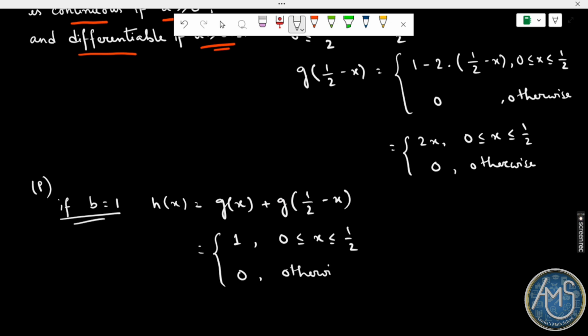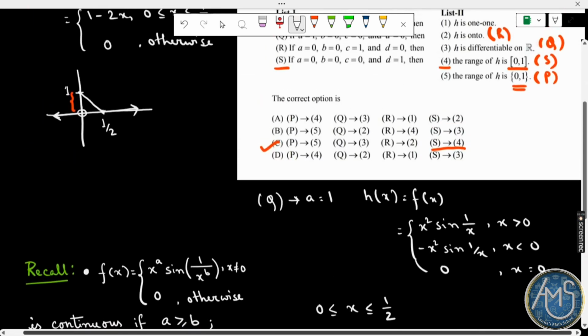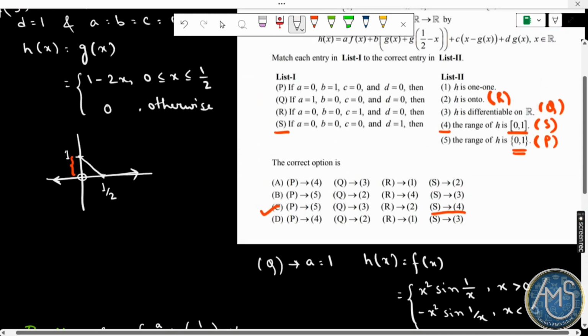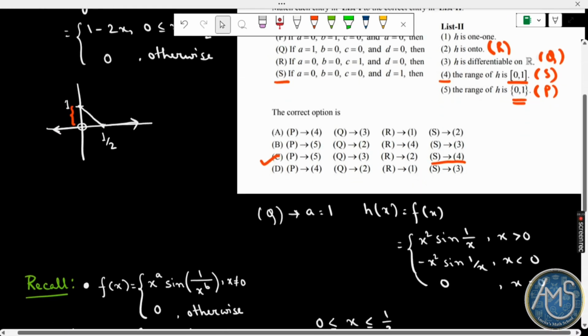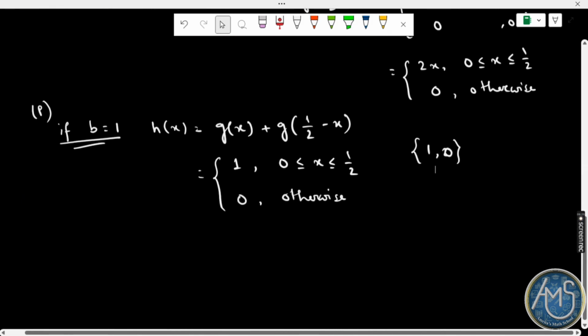So clearly visible that the range is the set {0, 1}, not the interval. So for p, it will be option number 5, that is the range is the set {0, 1}, having two elements 0 and 1.